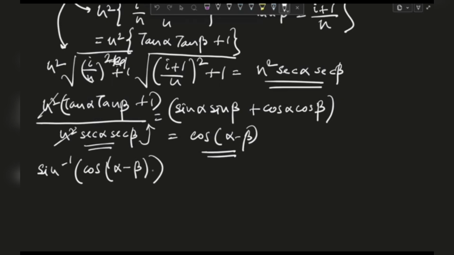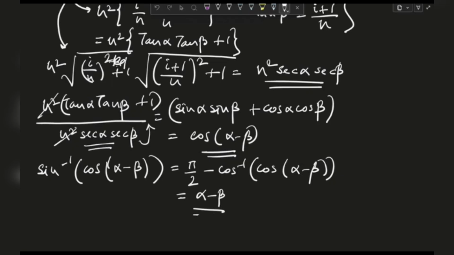This is what we have, and now what we can do is write this thing as pi by 2 minus cos inverse of cos of alpha minus beta. So this becomes alpha minus beta. Basically the manipulation is still not over, okay? We have to further put in the values of tan and solve this.